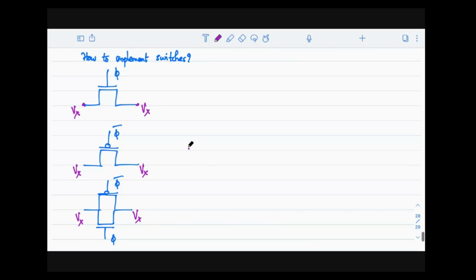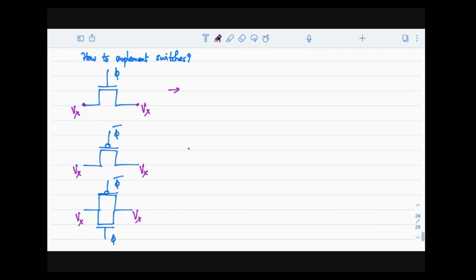Right. Now when will we use this NMOS based switch? Can I get some response from you guys? Generally, when will we use an NMOS based switch? When you have to connect it to ground.